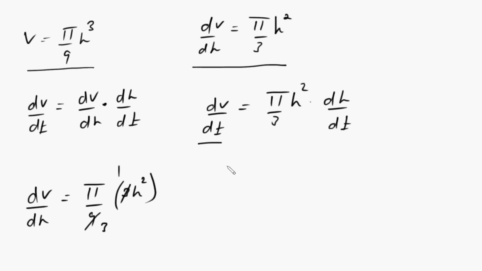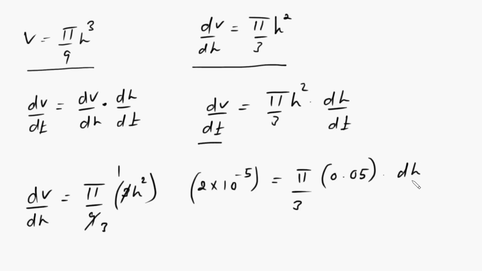So now my dv dt is equal to dv dh, which is pi over 3 h squared, times dh dt. So this one is a rate of change of volume. So this one is just 2 times 10 power negative 5 meter cube per second, is equal to pi over 3 times h squared times dh dt. So what is h? The depth of the liquid now, okay? You see, it matters, it's 0.05. So we're going to find at what rate is the level rising, right? And we're going to find dh dt. So what do we have there?